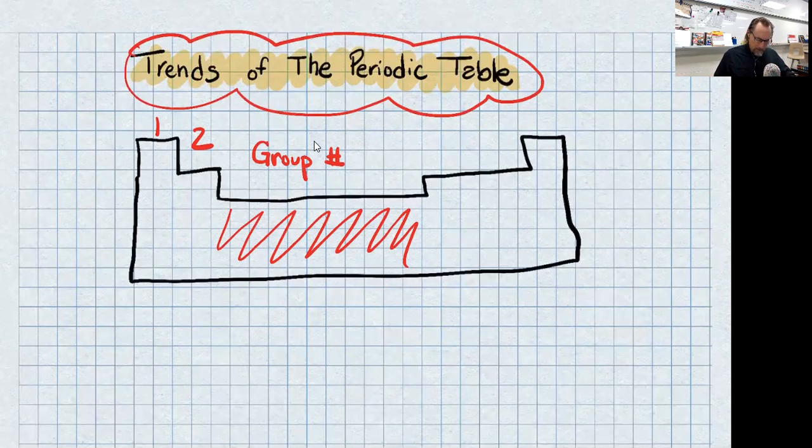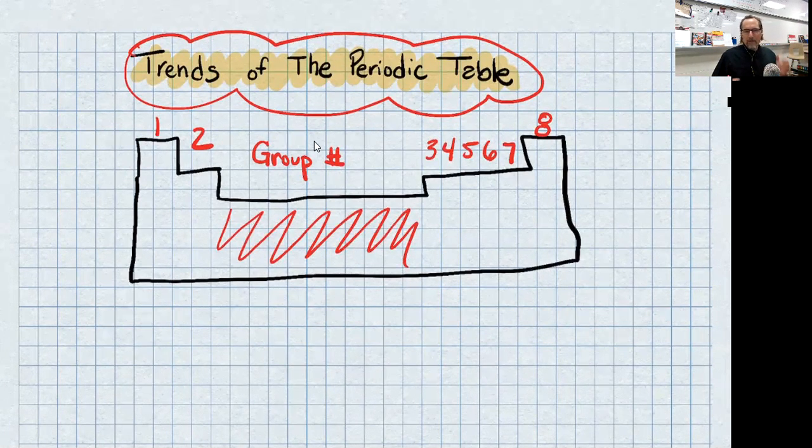And then as we move right, we're going to ignore those transitional metals. So we jump from 1, 2, and then we ignore those 10 transitional metals. So then we go 3, 4, 5, 6, 7, and then 8 are those noble gases.